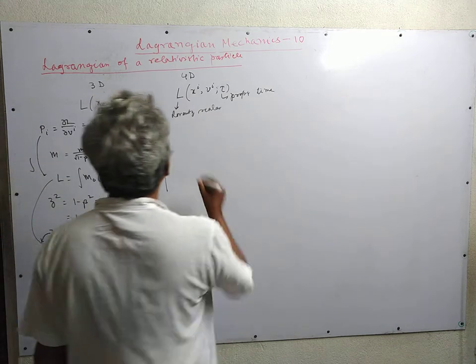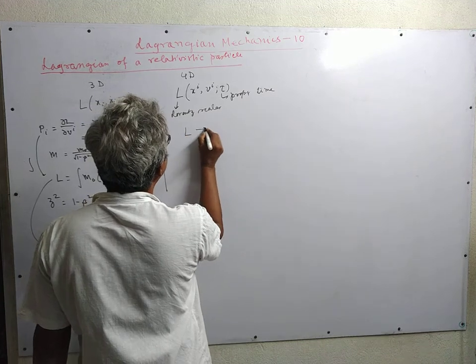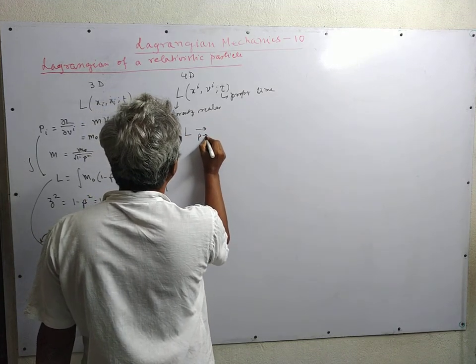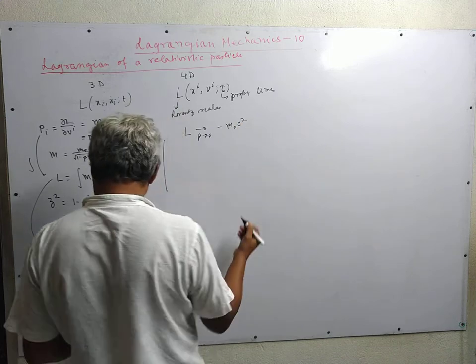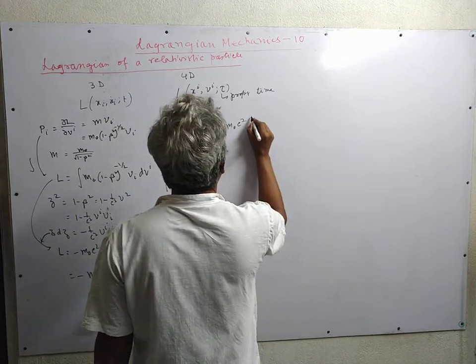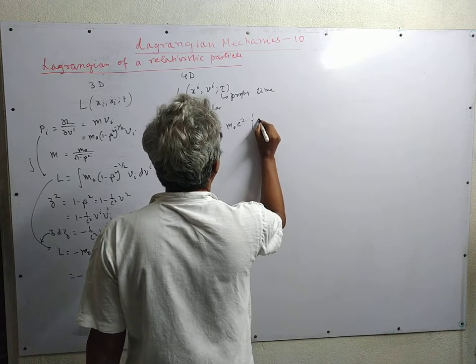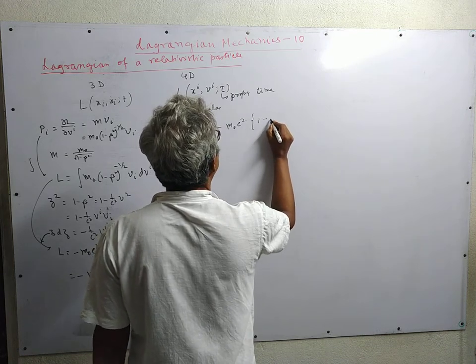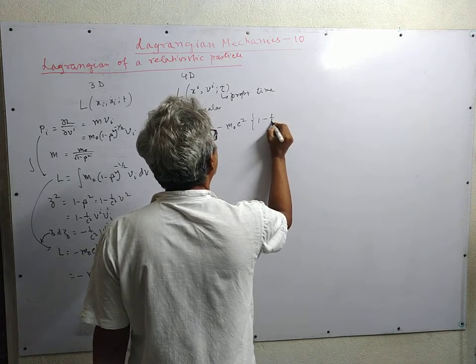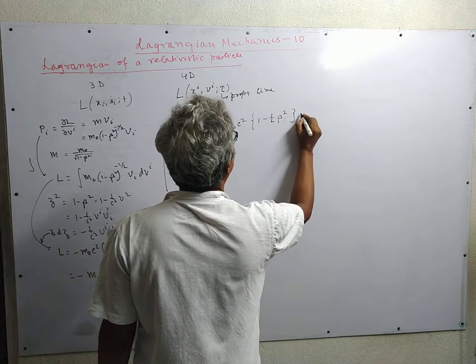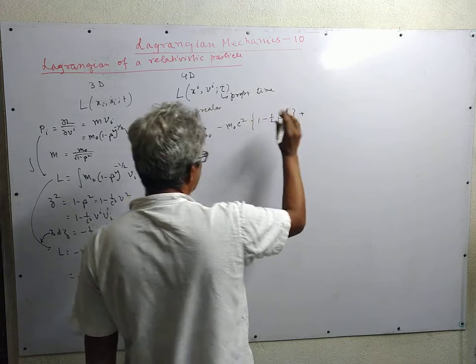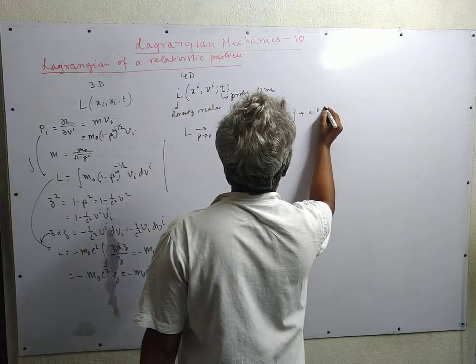Now, what happens to L in the limit β tends to 0? It becomes −m0 c², and then we expand (1 − β²)^(1/2) into a binomial series, keeping up to the first order term plus higher order terms.